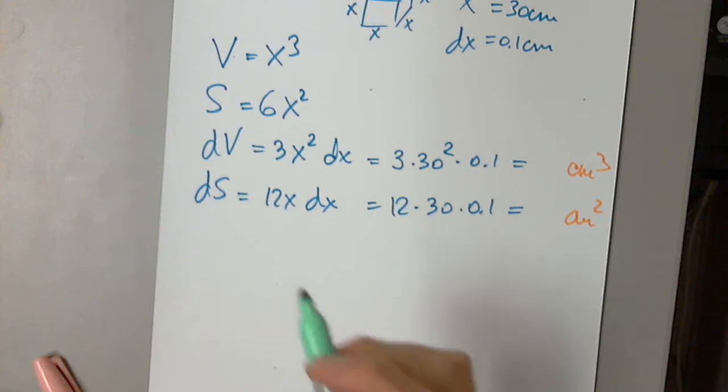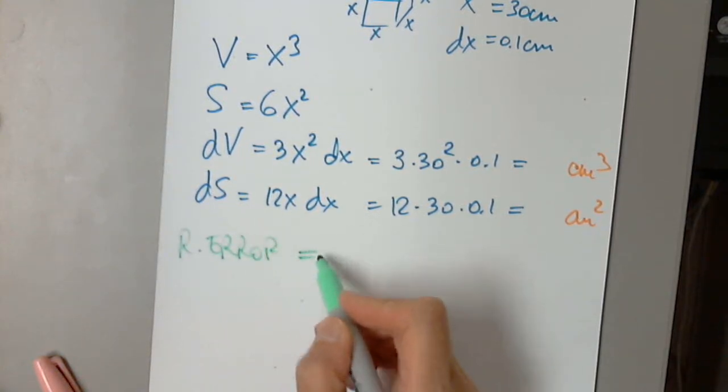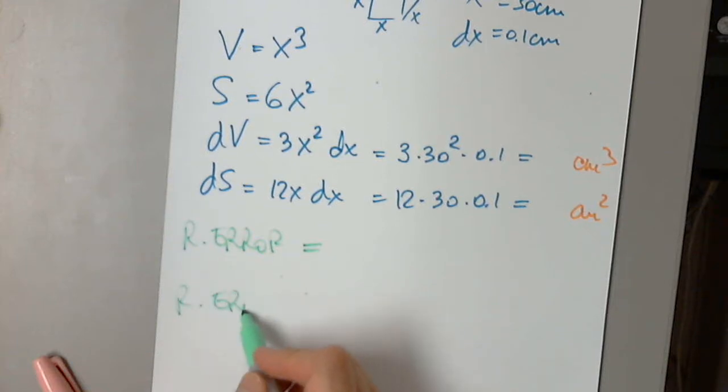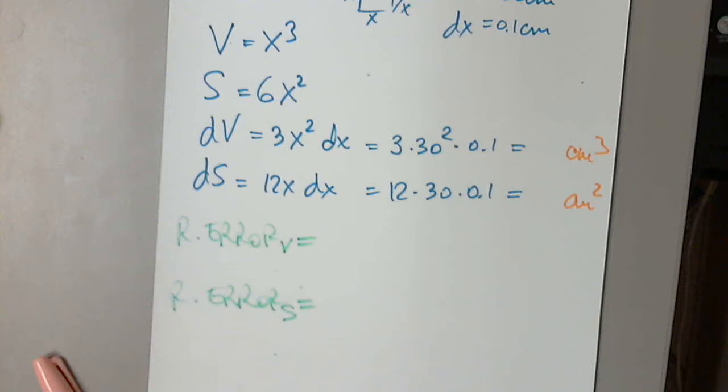Now we want the relative error for the volume and the relative error for the surface area. Yes?